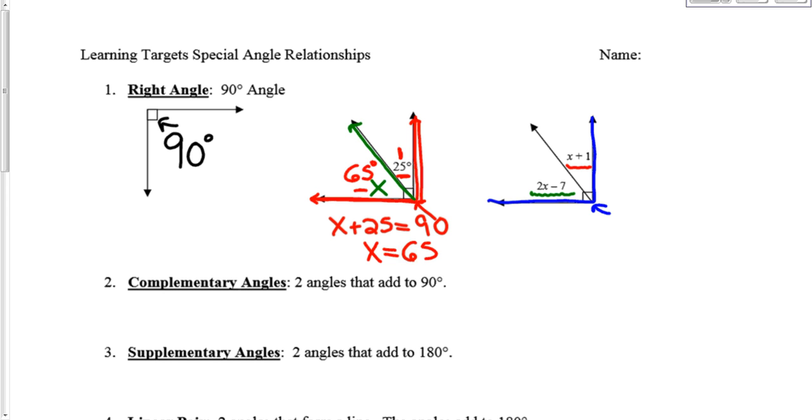So if we're instructed to find the angle measures, the first thing we need to figure out is, well, what is the value of x? So we can use the fact that both of those angles together add up to 90 degrees. So I'm going to set up an equation. I'm going to take the first angle, 2x minus 7, and to it I'm going to add the other angle, x plus 1, and it's equal to 90.